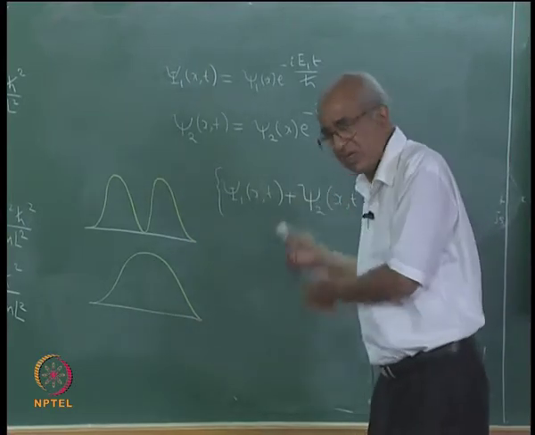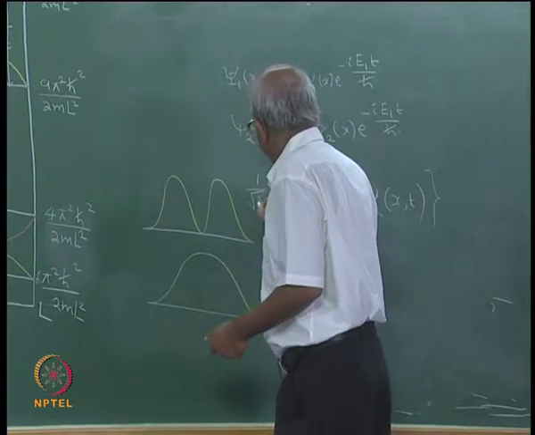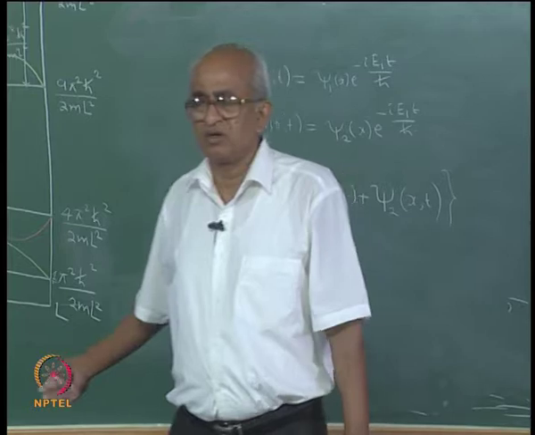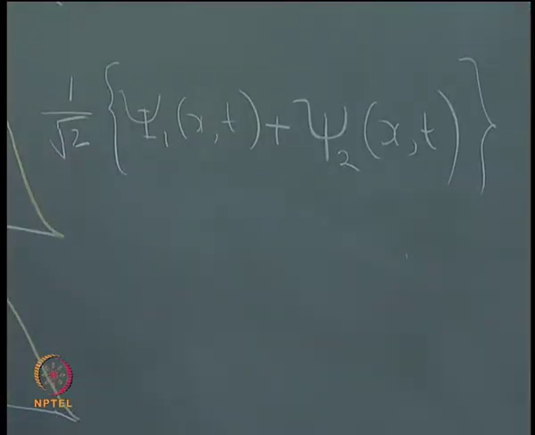If you put a factor of 1 by square root of 2 there, then it is guaranteed that it will be normalized, there is absolutely no problem with that.